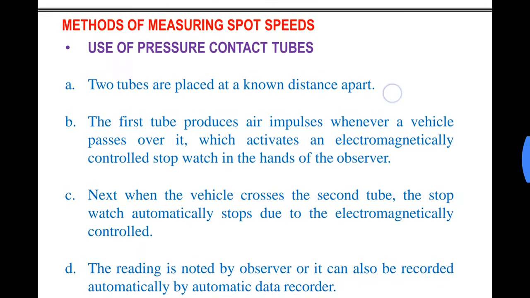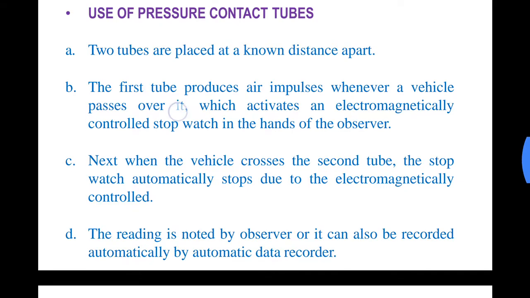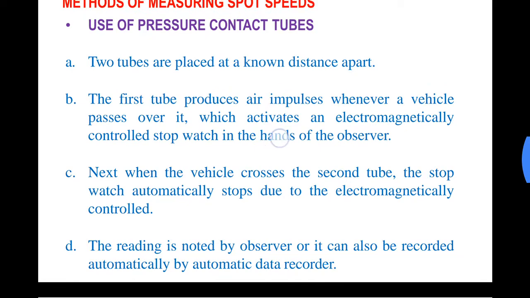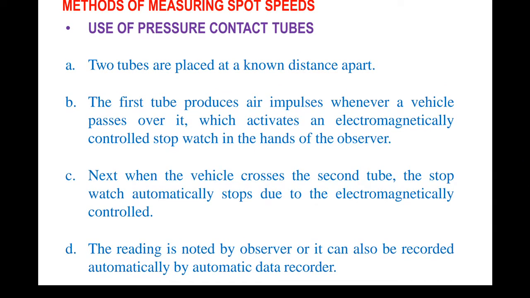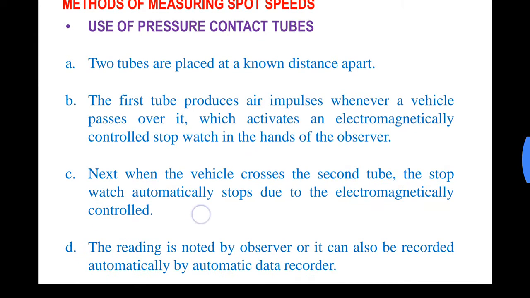The first tube produces an air impulse whenever a vehicle passes over it, which activates an electromagnetically controlled stopwatch in the hands of the observer. Next, when the vehicle crosses the second tube, the stopwatch automatically stops due to the electromagnetically controlled system.